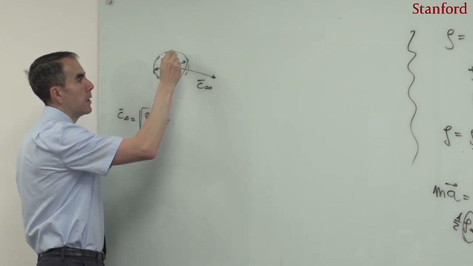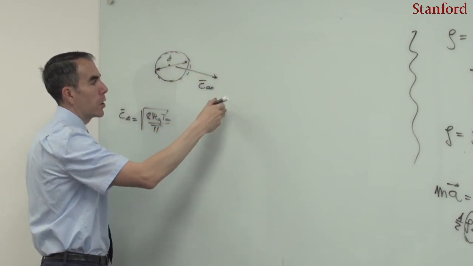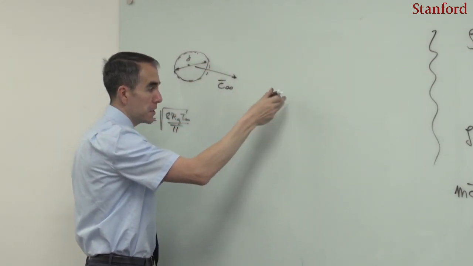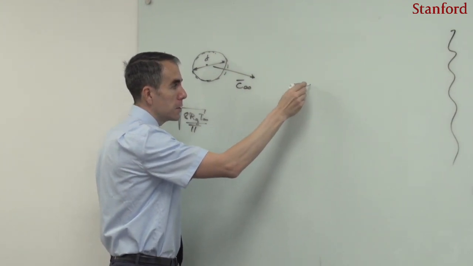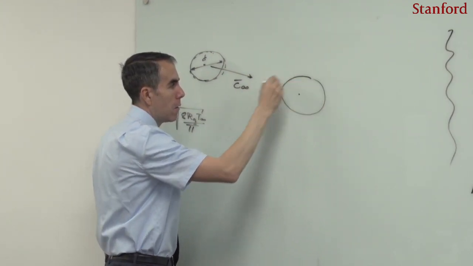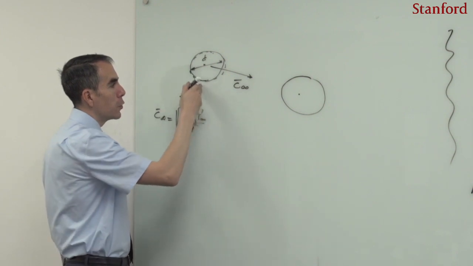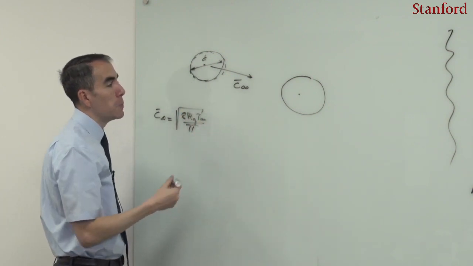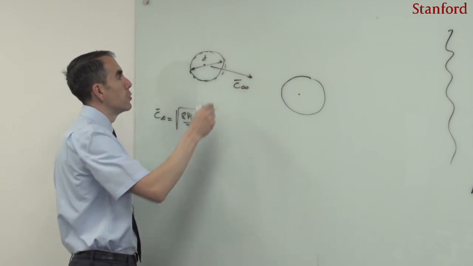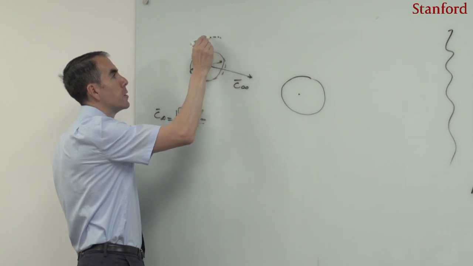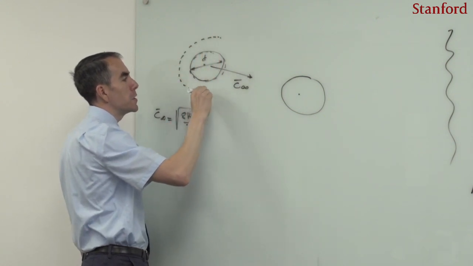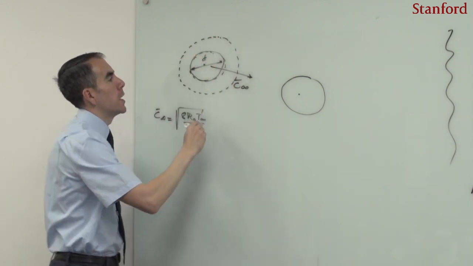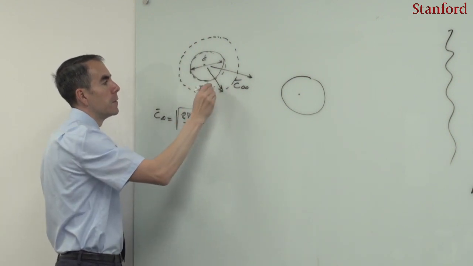So this molecule is going to move some distance, here, for instance. And during that motion, it may encounter other molecules. In particular, we're interested in molecules that one could encounter within this sphere of influence that has a radius d.